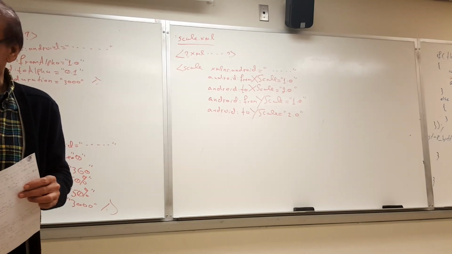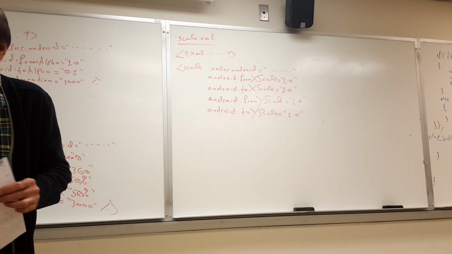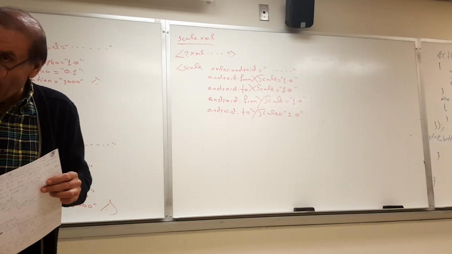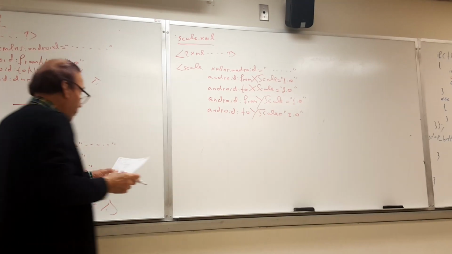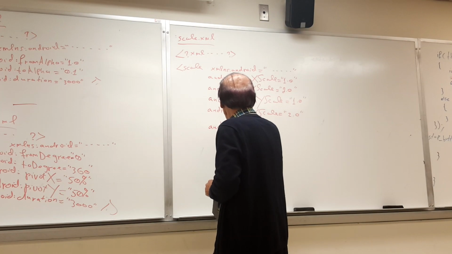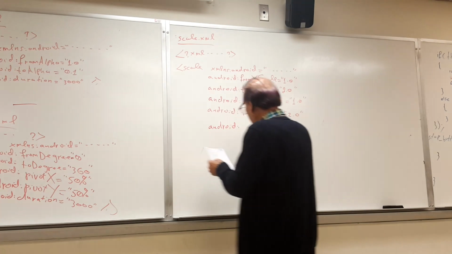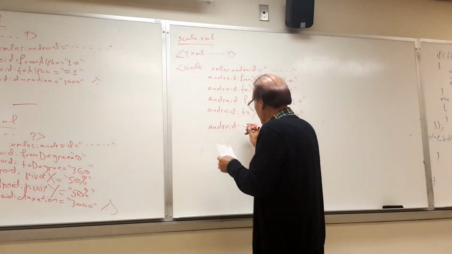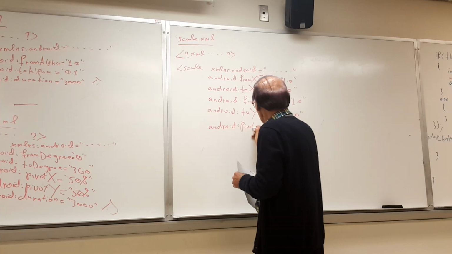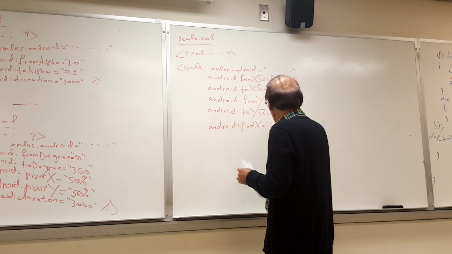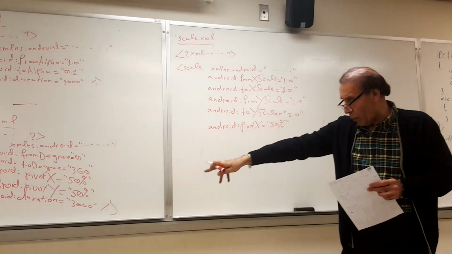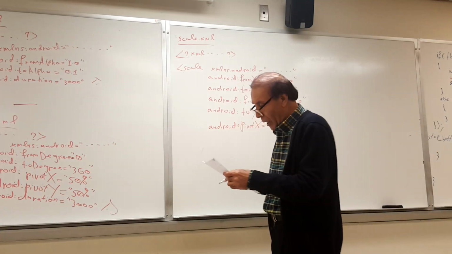If you want only the nose, for example, to get bigger, lips to get smaller, eyes to get bigger, you have to specify where the pivot is, okay? android:pivotX equal 50%. We already discussed pivot, so you know what it is. I'm not going to repeat it.